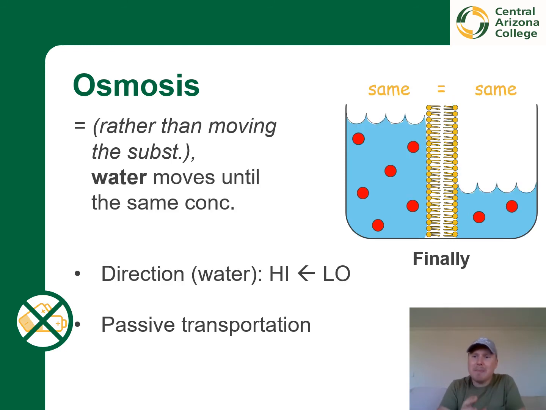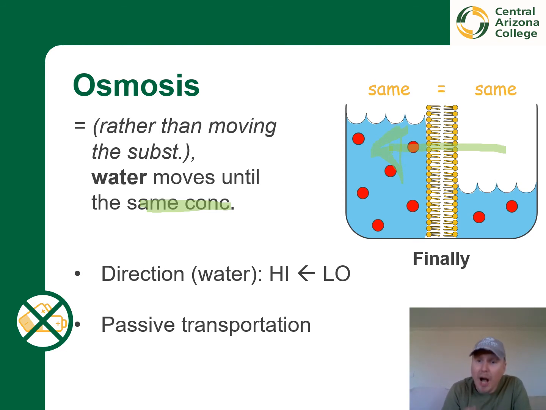Well, to get the same concentration established on both sides, the only way we can accomplish this is, rather than these red substances moving, by having water moving from one side to another.